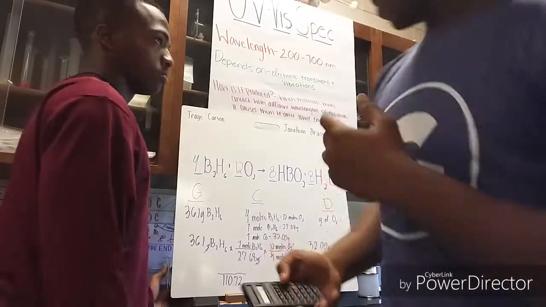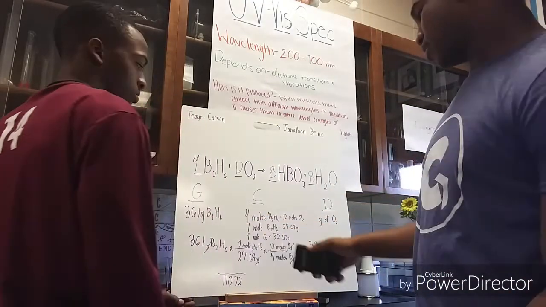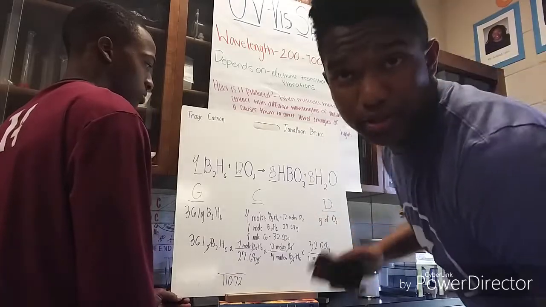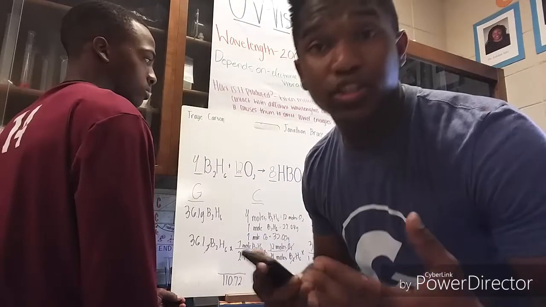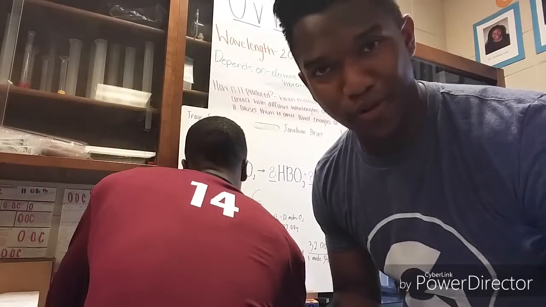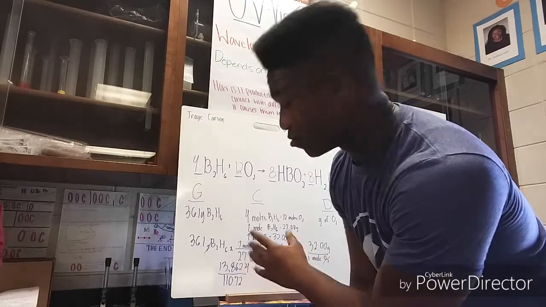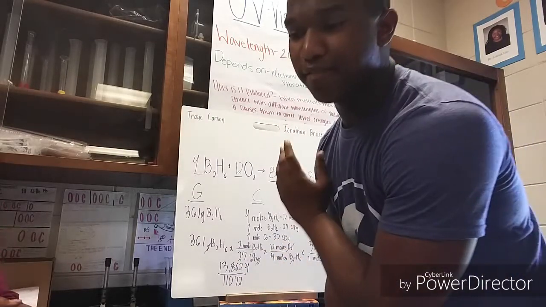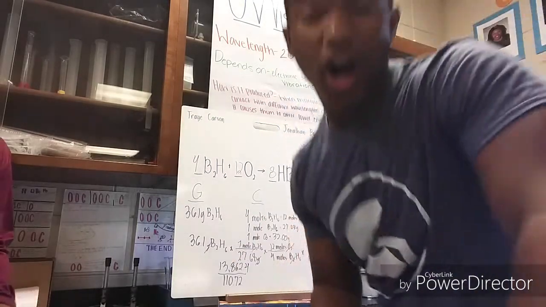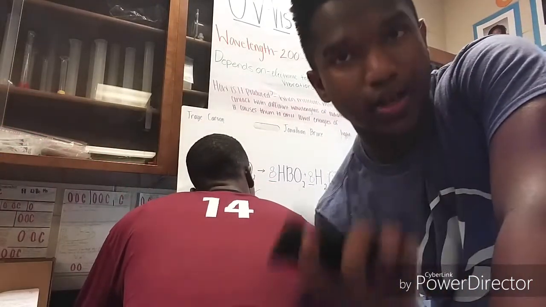On top, we're going to do the math right here: 36.1 times 1 mole B2H6 times 12 times 32 grams. That's going to equal 13,862.4. So now we have our fraction, we have everything that we're going to work out. We divide that, and we come out with 125.202 grams of oxygen gas.